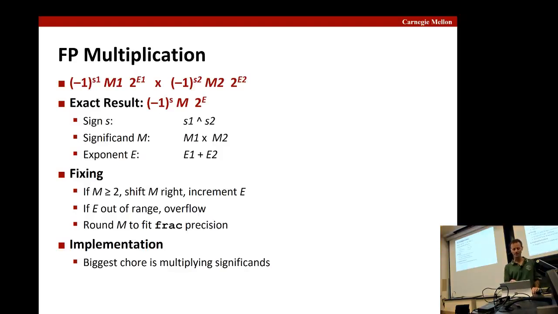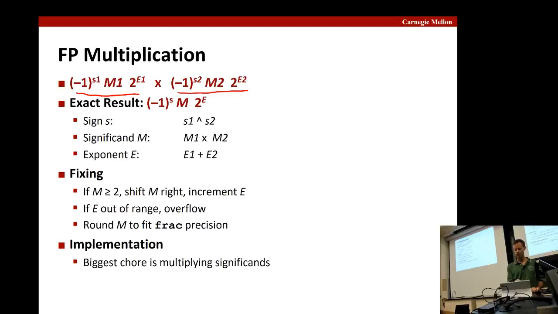So multiplication. In this case, we're trying to multiply this number versus this number. Each of those numbers, when we look at the bit representation and translate it back to an actual value, has a sign, a significand, and an exponent.